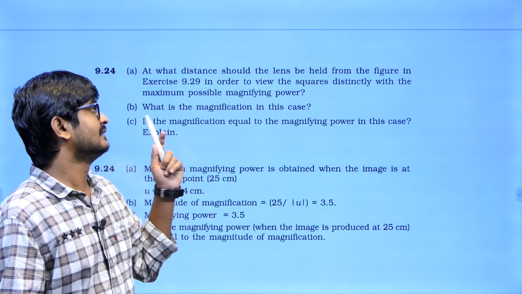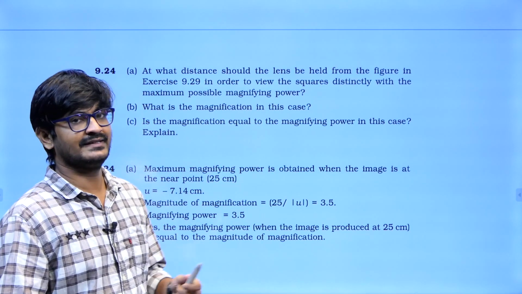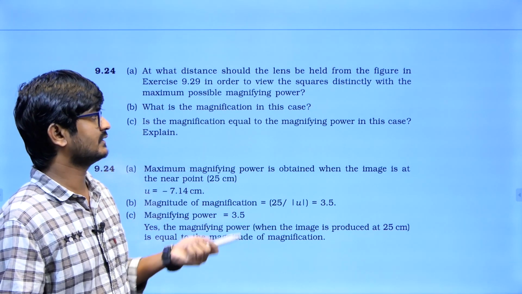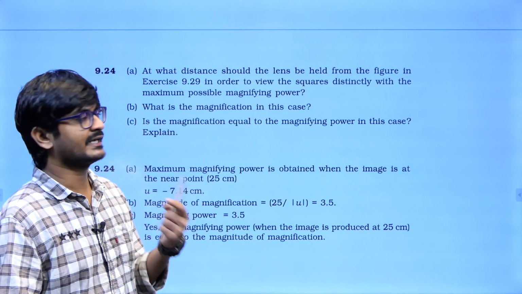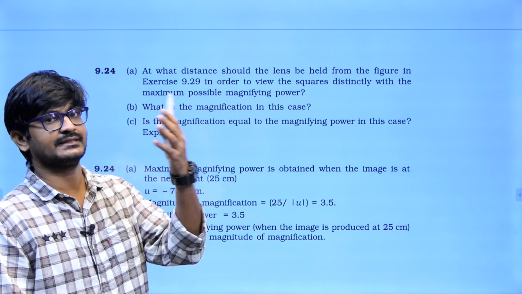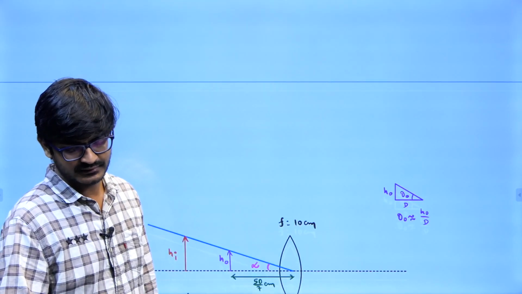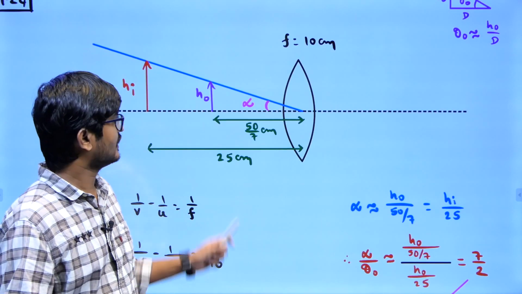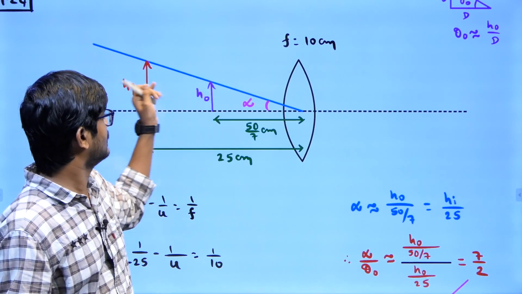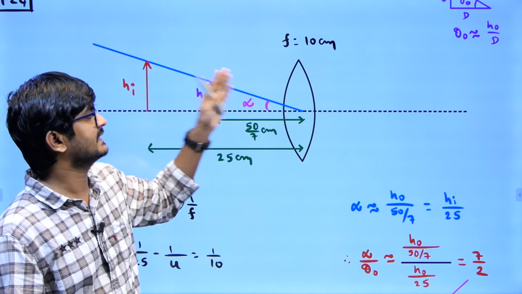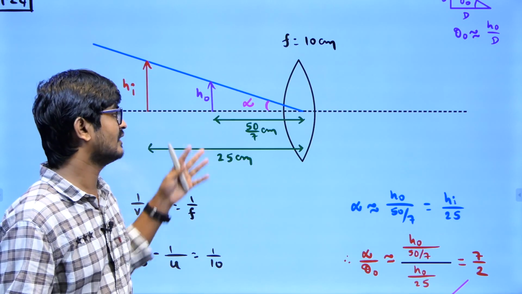Now you will understand when it will be maximum possible magnifying power if you do it without numbers, but you take it for granted that when the image is forming at 25 centimeter, it will be maximum magnifying power. Now I am trying to find at what distance I need to keep the object so that the image will be formed at 25 centimeter, and if the image is formed at 25 centimeter, then that is the case of maximum magnifying power.